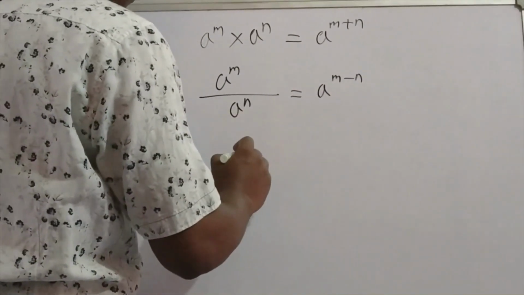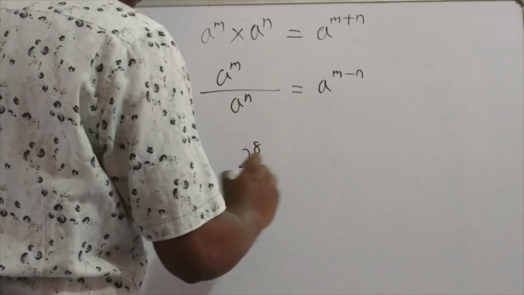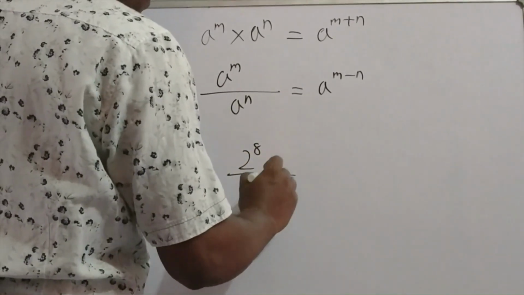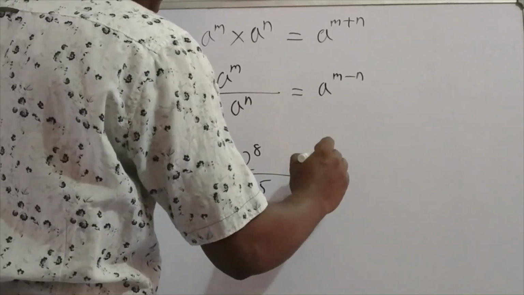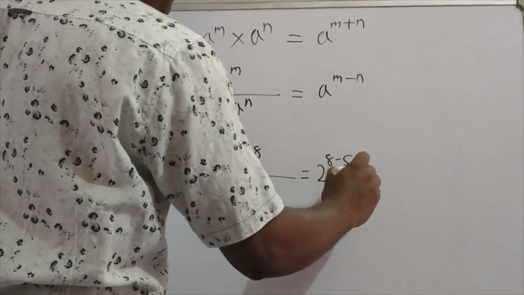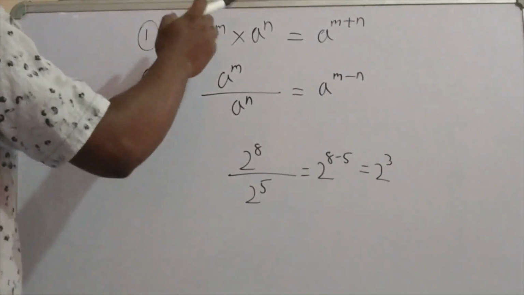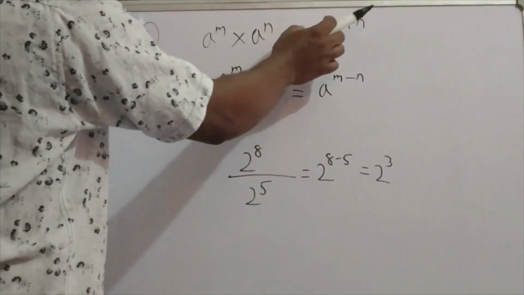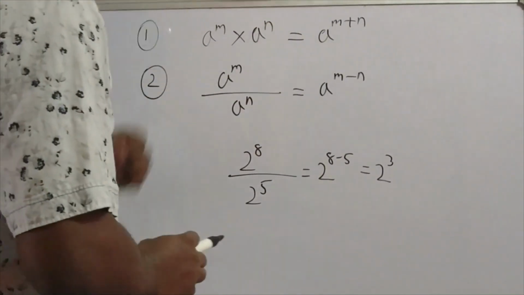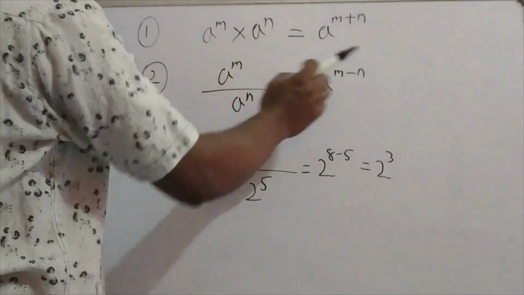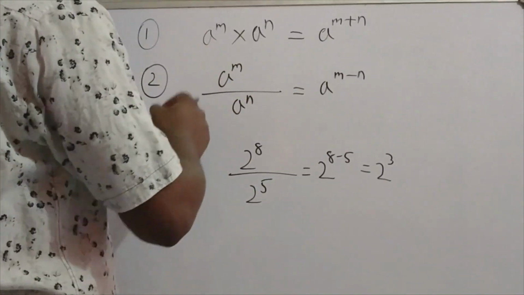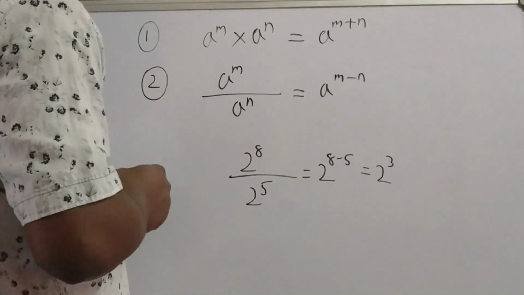So for example 2 to the power 8 divided by 2 to the power 5. So we can write it 2 to the power 8 minus 5 is equal to 2 to the power 3. So understood, when it is multiplied then power added. Here it is divided, power subtracted. This is the most common formulas in exponent.